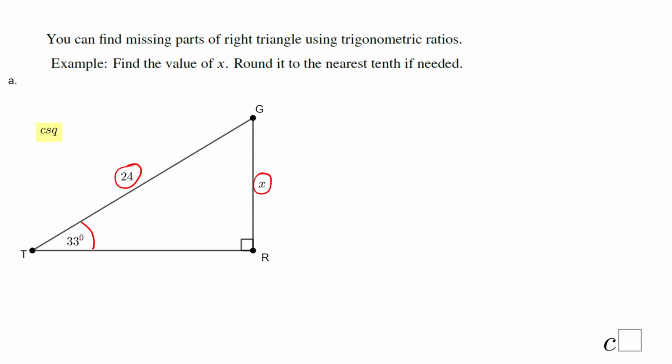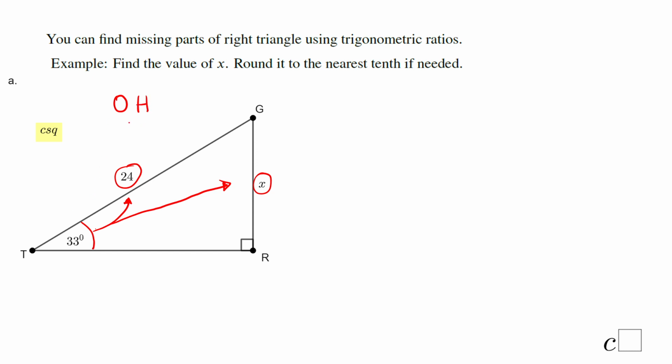I will always start from the angles. I'm looking for the opposite leg, and I have the hypotenuse. So I have to find the opposite leg, and I know the hypotenuse for that angle.